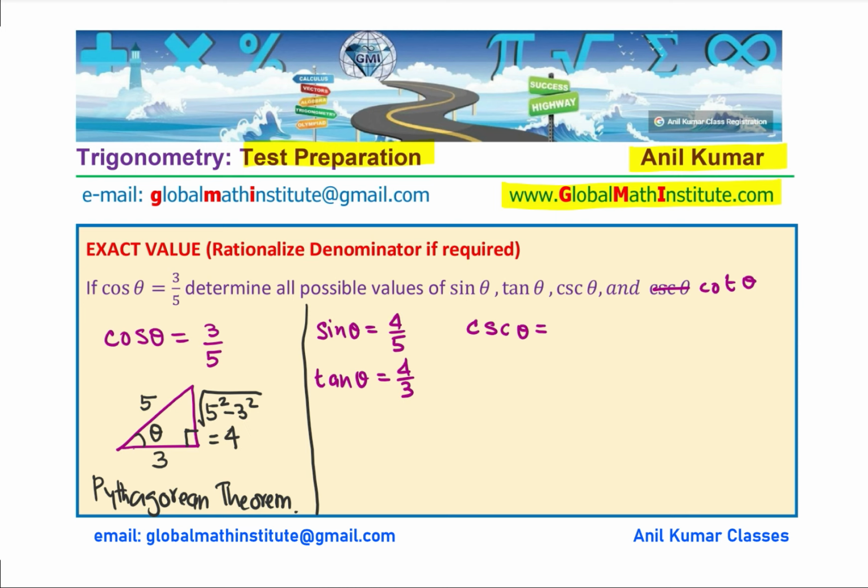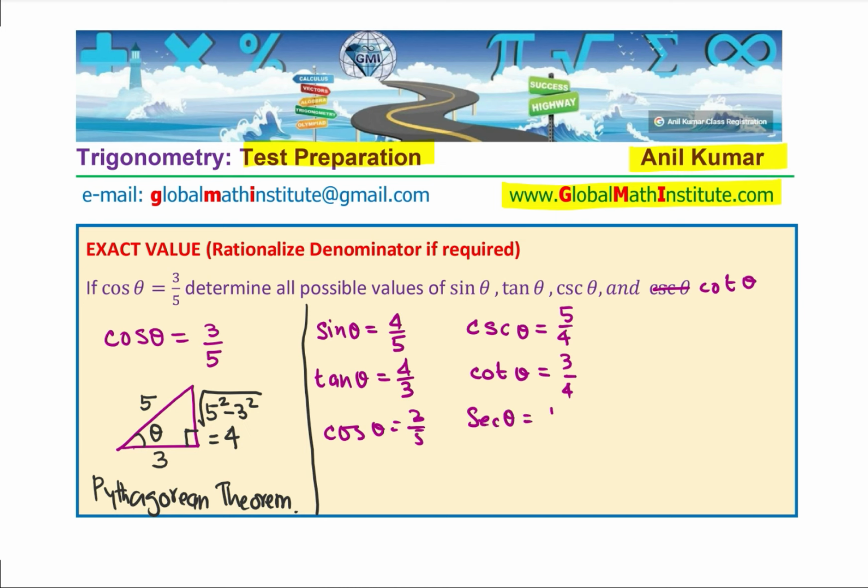Cosecant theta, 5 over 4. Cotangent theta, 3 over 4. Let's also complete this by writing cos theta as 3 over 5, given to us, and secant theta as 5 over 3. Correct. So we got all of them.